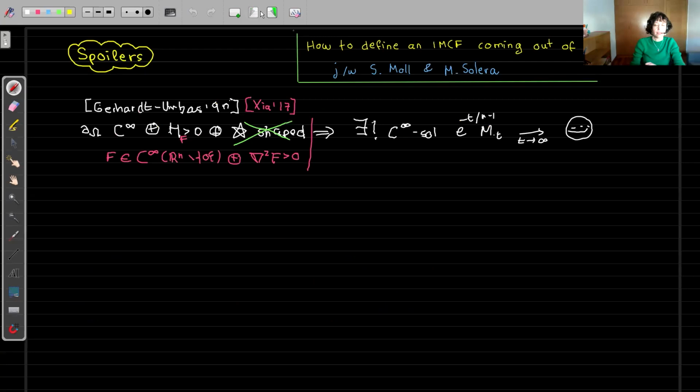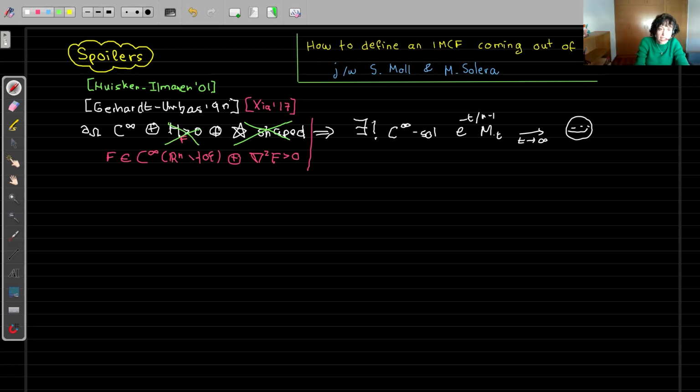That was the result by Huisken and Ilmanen, in their classical seminal paper, where they use the flow to prove the Riemannian version of the Penrose inequality. You remove star-shapedness.